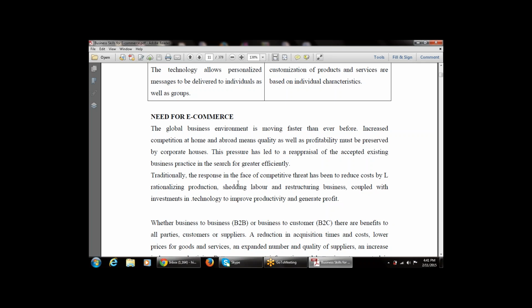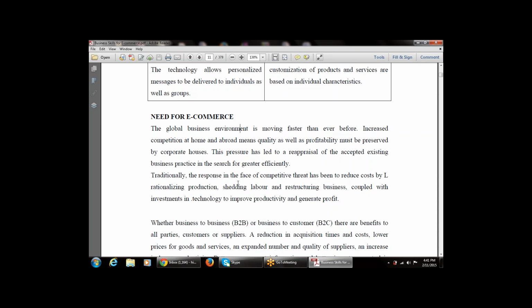So increased competition at home and abroad means quality as well as profitability must be preserved by the corporate houses. Whenever we use e-commerce, there will be an increase in profitability and an increase in the demand for e-commerce. So this pressure has led to a reappraisal of accepted existing business practice in the search for greater efficiency.